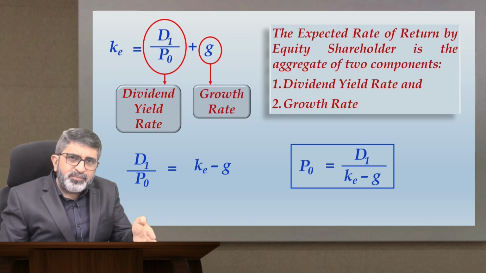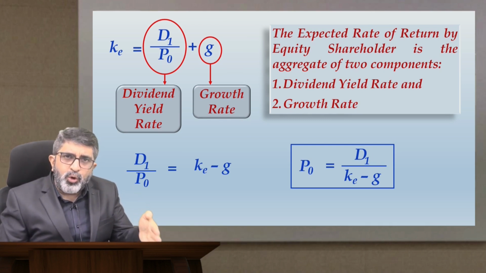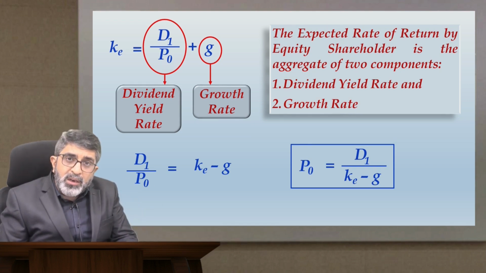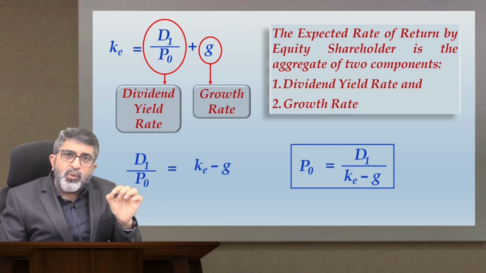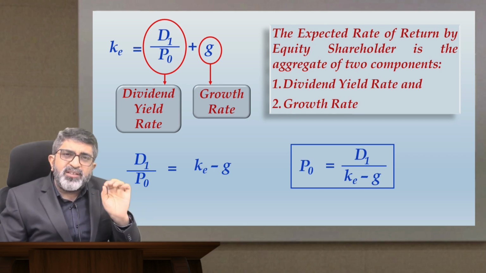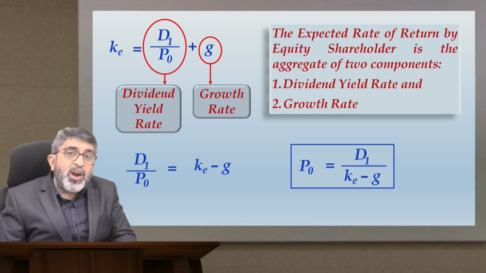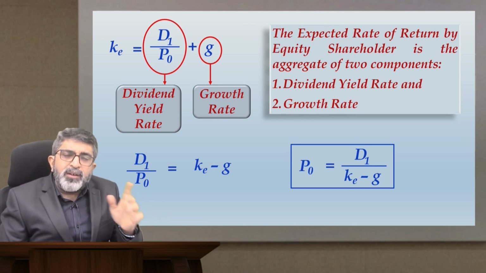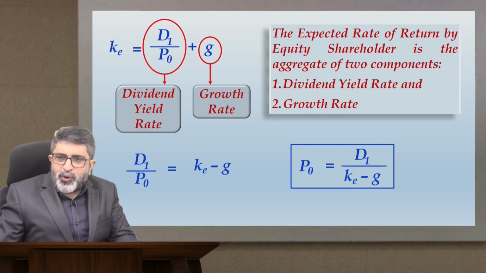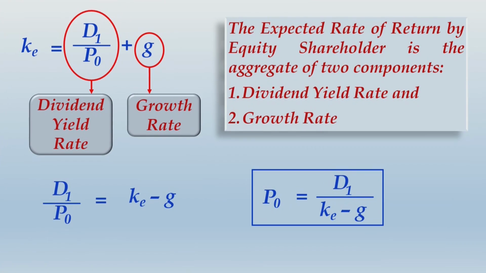I will just put your attention on this dividend discount model developed by Gordon, where P0 equals D1 divided by K minus G, and G here is a constant growth rate. What happens when the growth rate varies? We are going to discuss those aspects in the later parts of the class. So with this much discussion, I shall put an end to the class. Thank you very much for attending these classes, and see you in the next class soon.